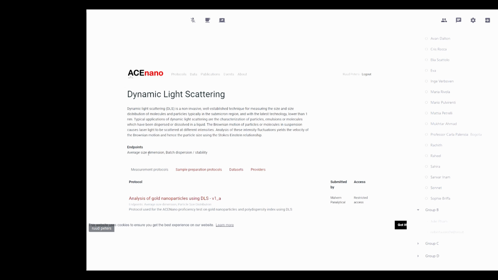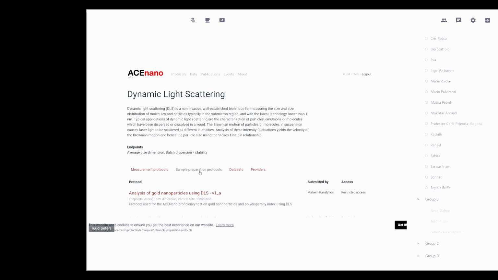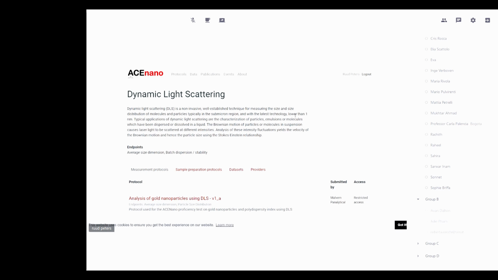So if you use this tool and end up with dynamic light scattering and you're asking yourself how this is done, you can find additional information here. There is, for instance, the measurement protocol for the analysis of gold nanoparticles using DLS, which was used in an interlaboratory exercise. There are also sample preparation protocols, and some data sets, and people who have provided information for that already. So this is what you have extra.